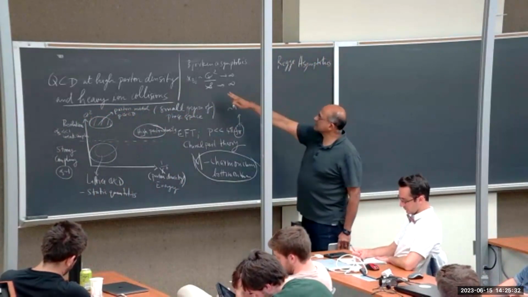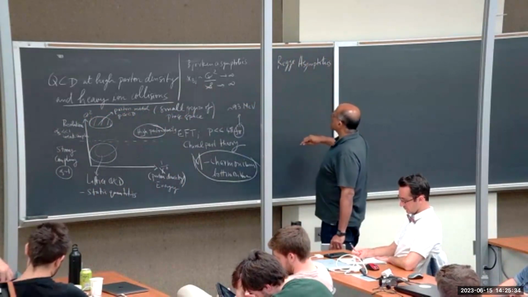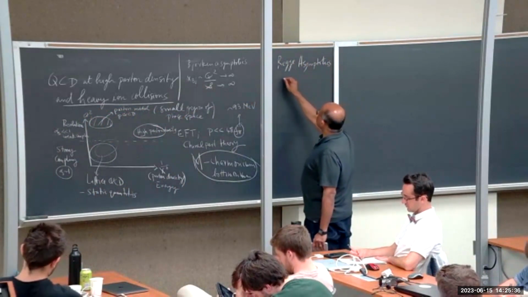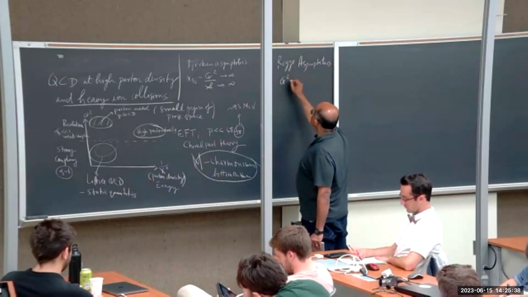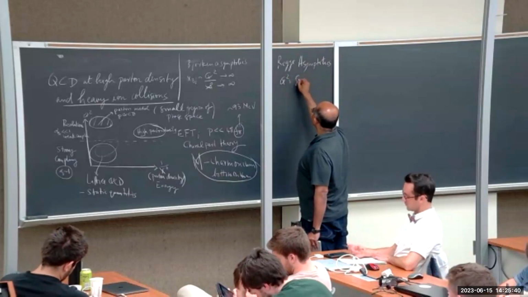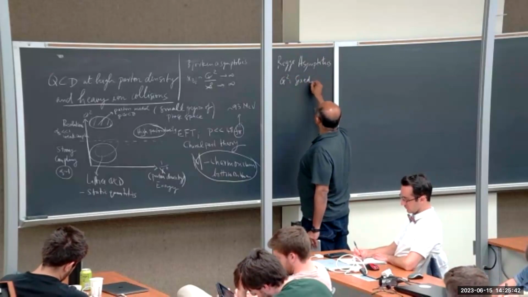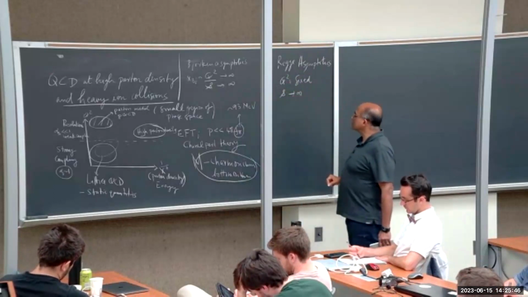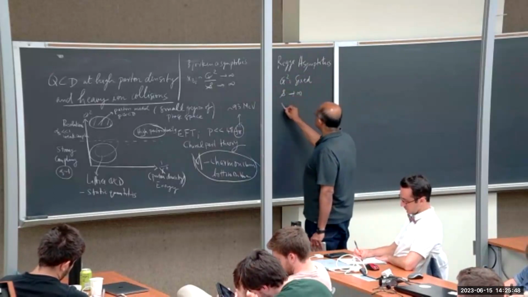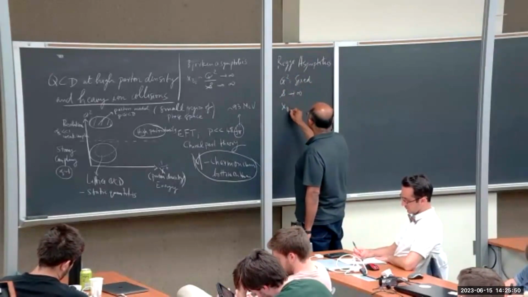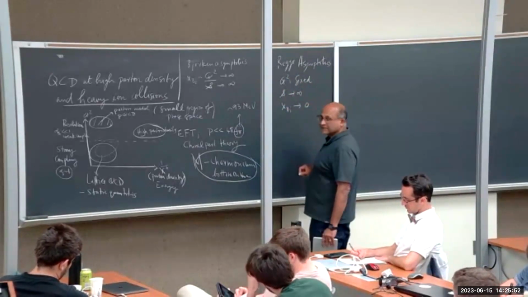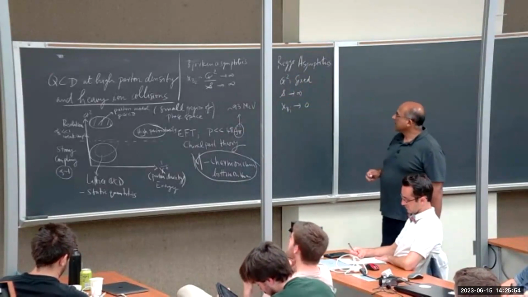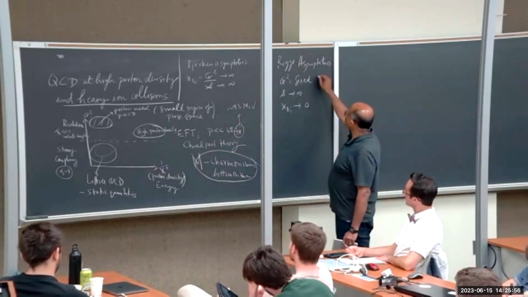So to use the same language here, that's a regime where Q squared is fixed. s is very large, the center mass energy squared, but x_Bj in the BIS context goes to 0. Now, just because it's fixed doesn't mean it's small.